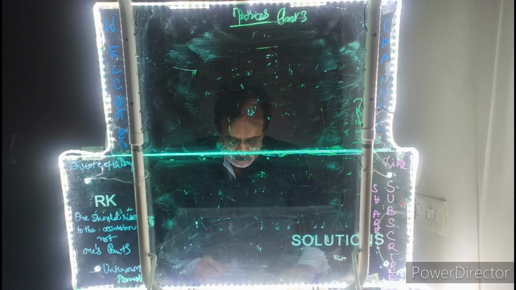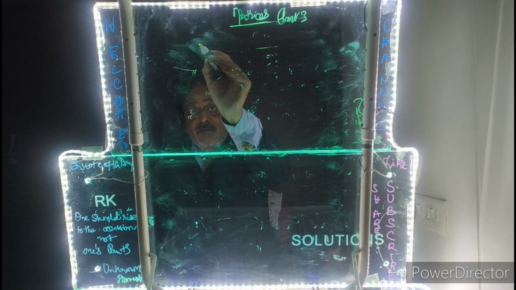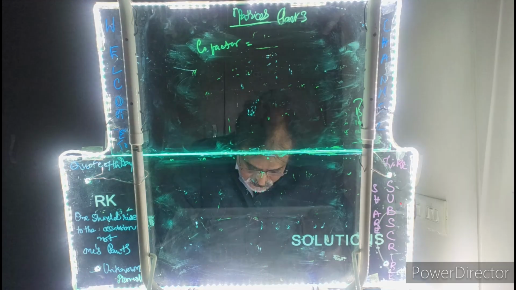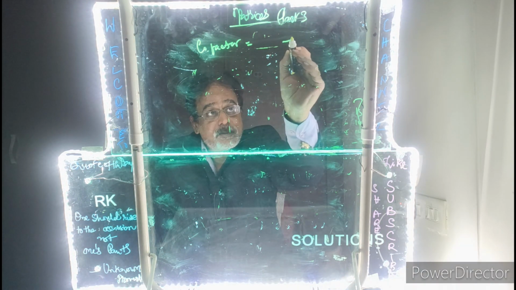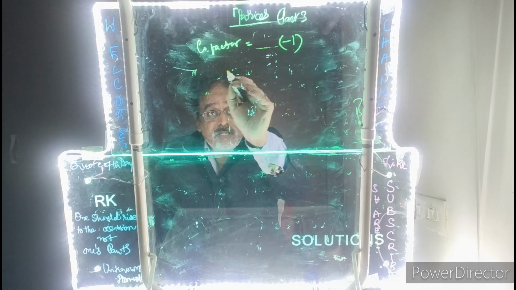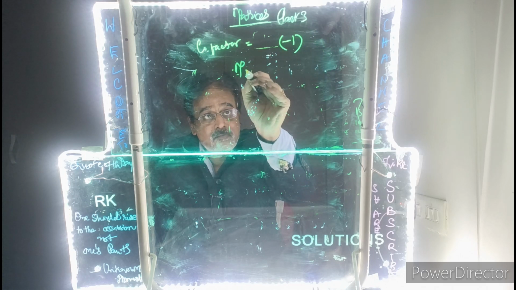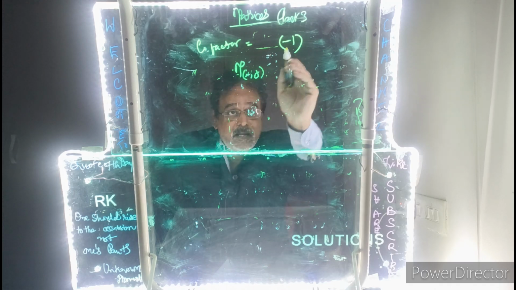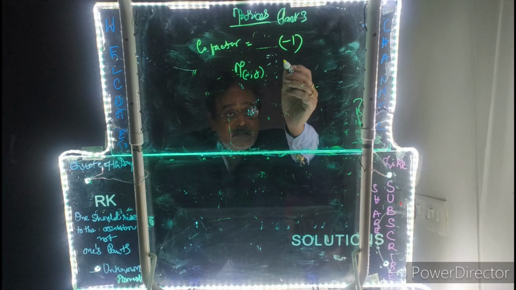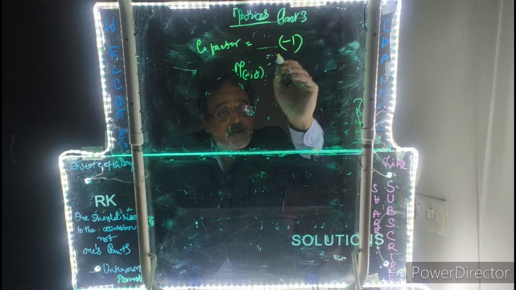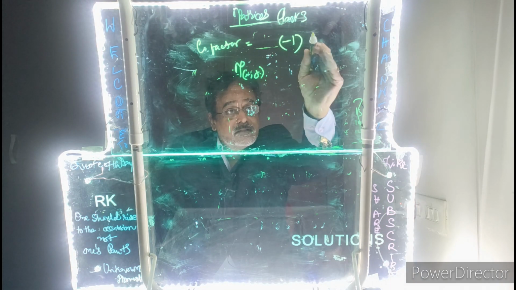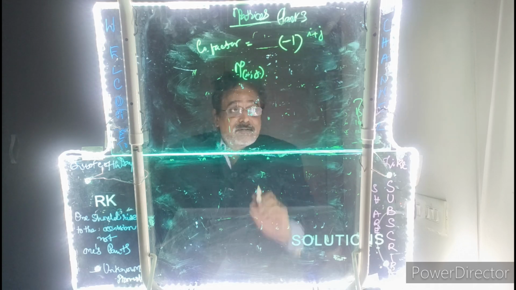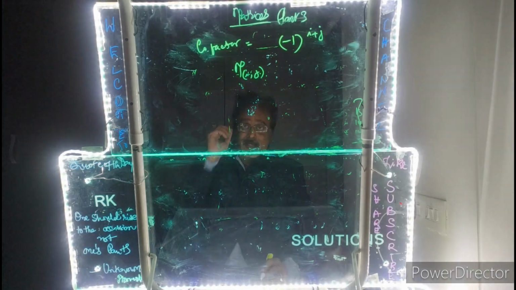Right now, so what is cofactor? This cofactor is given by minus 1 raised to i plus j, where we had the other matrix that we got by removing the ith row and jth column. Minus 1 raised to i plus j is the sign factor.